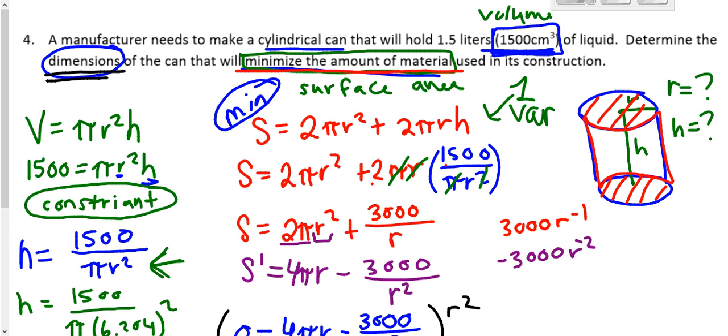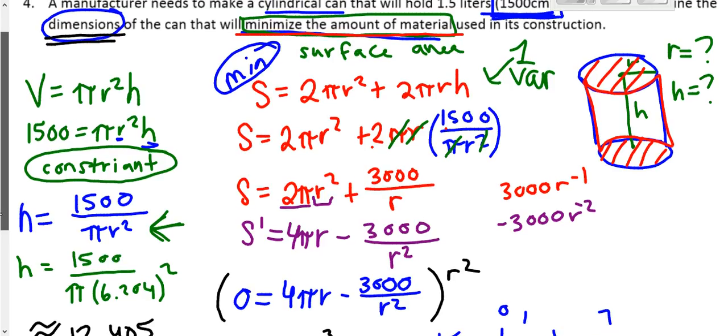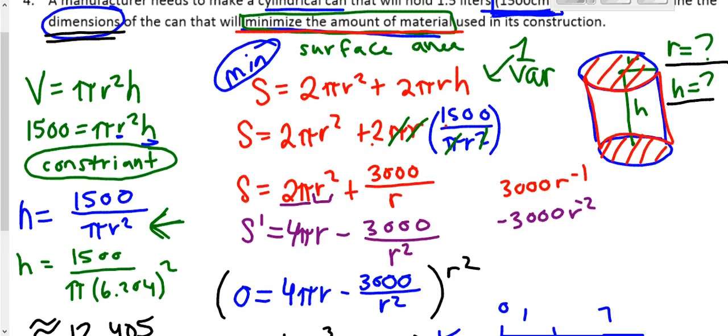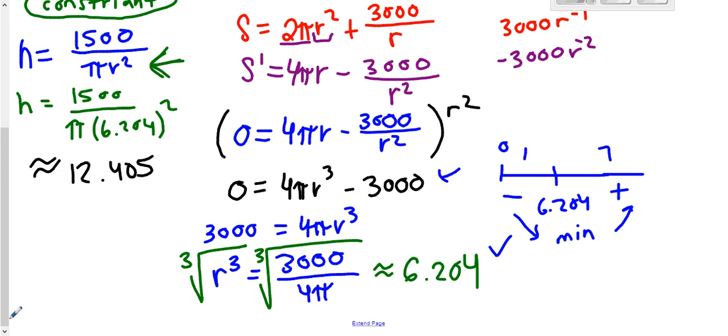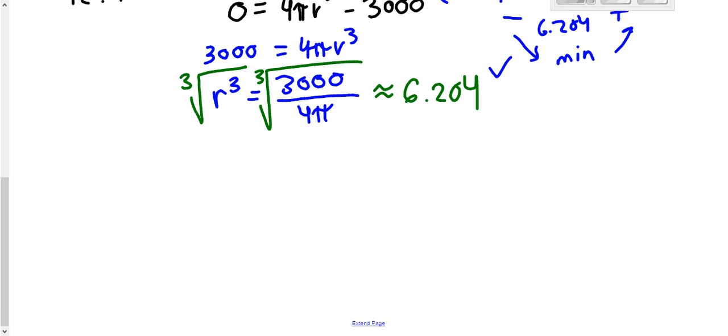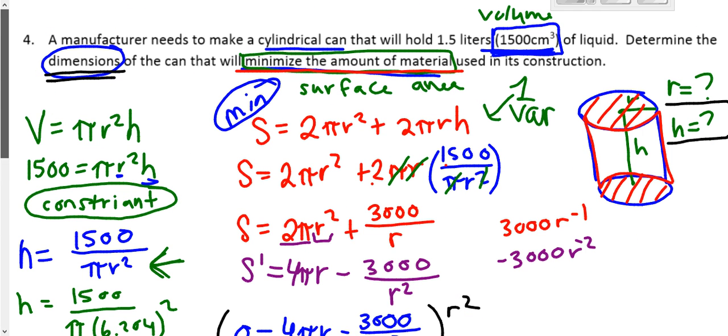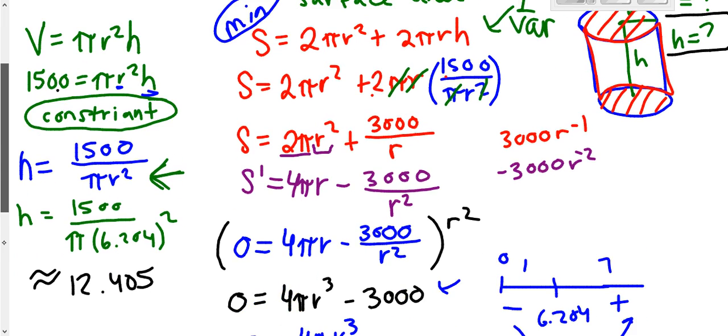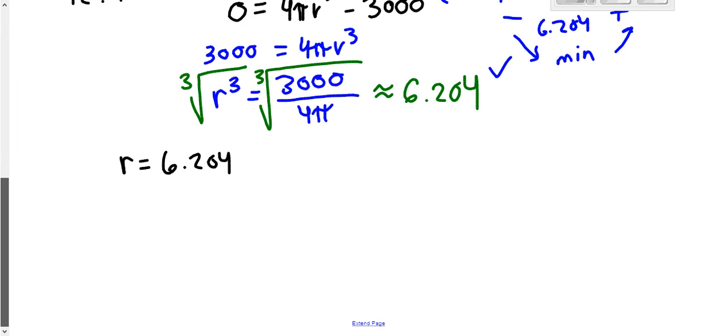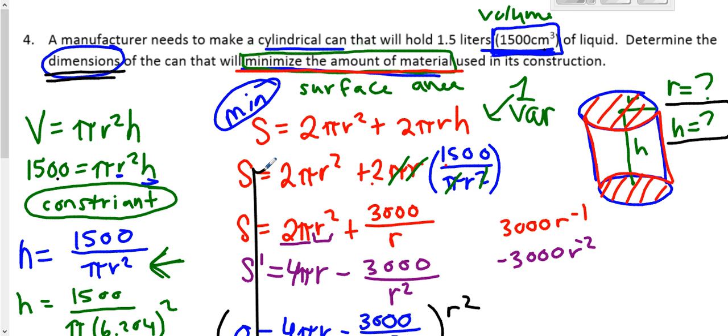So let's look at the question. What dimensions of the can minimize the amount of material? Let's give our dimensions with units. We need a radius and a height. So our radius is 6.204. Let's look at our units. The volume that we used is in centimeters cubed, so our one-dimensional parts are going to be centimeters.